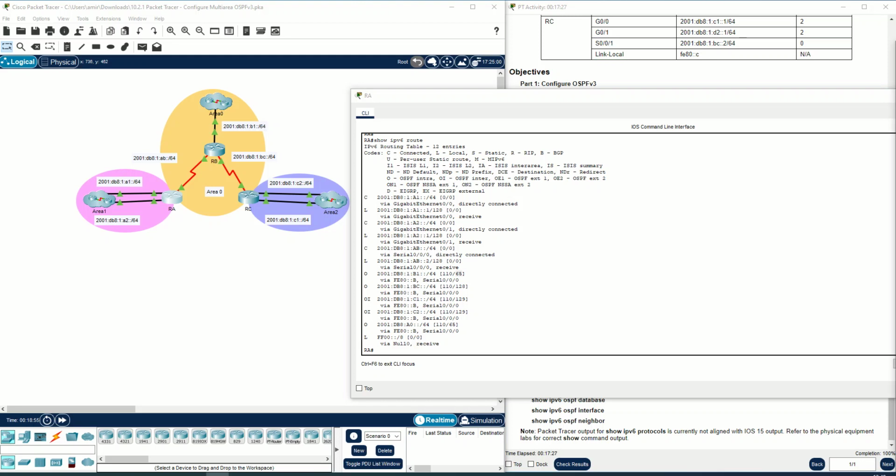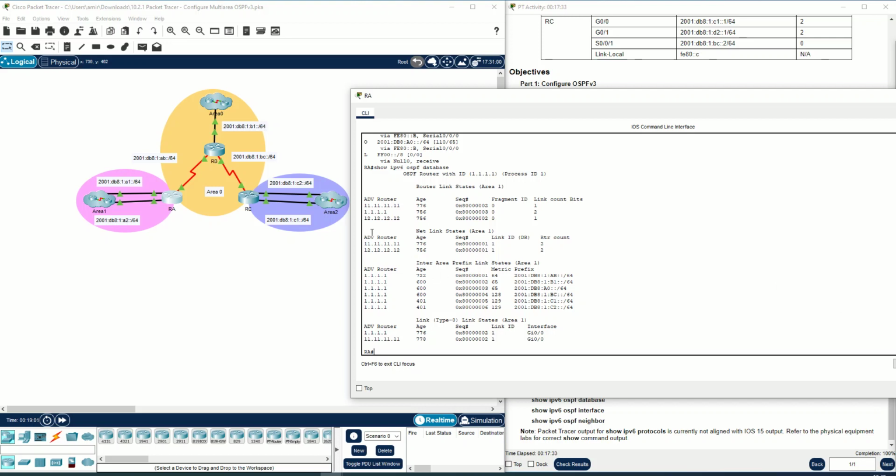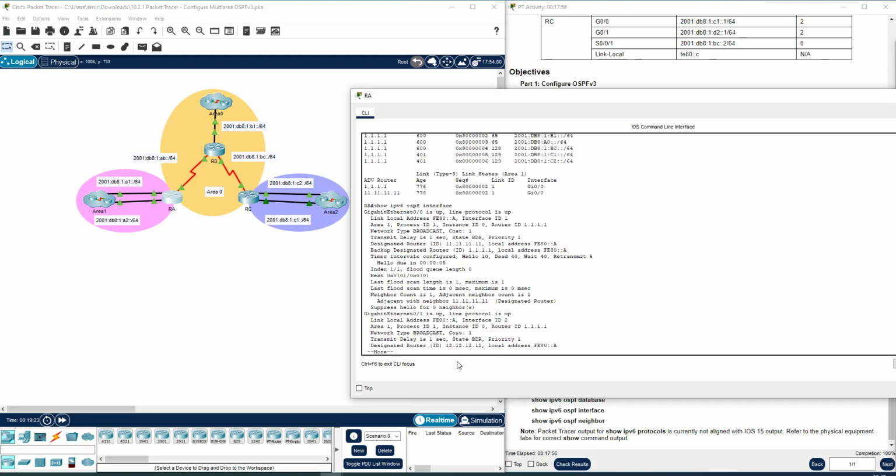And we can also use show ipv6 ospf database. You can see the database here. For example, we have routers named 11.11.11.11 and 12.12.12.12. Maybe it's area 0, maybe it's area 1 and area 2 and something like that. And also we can use this show command.